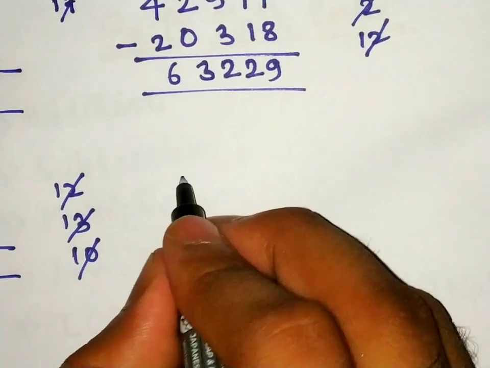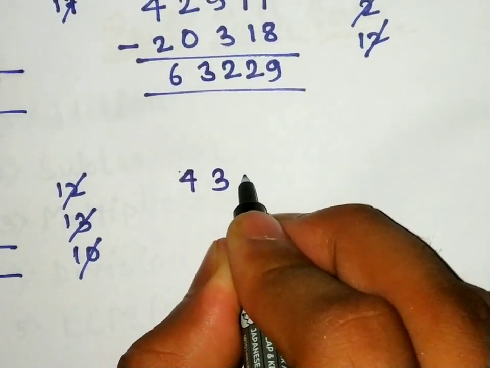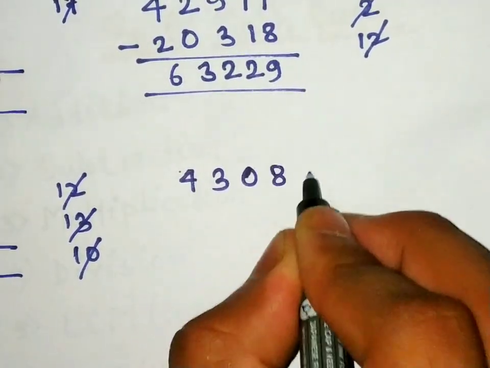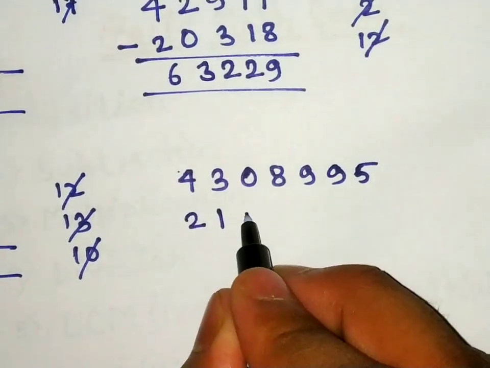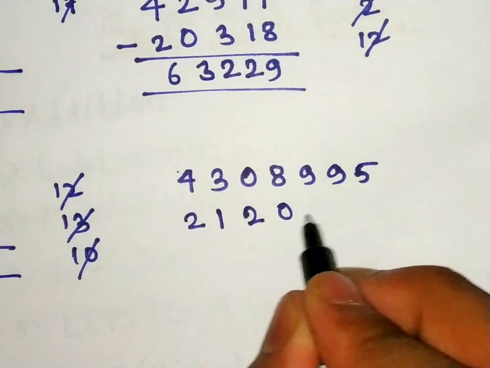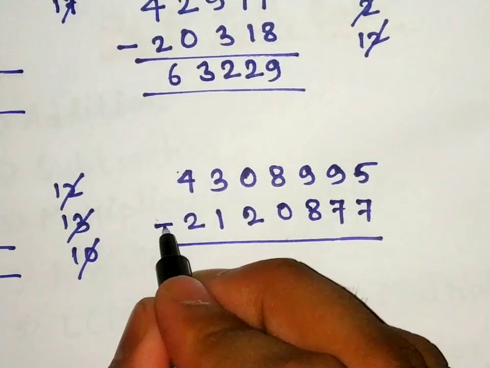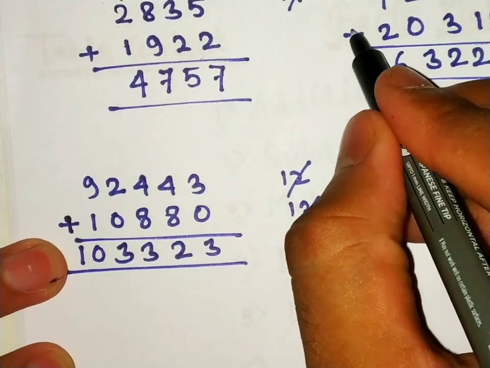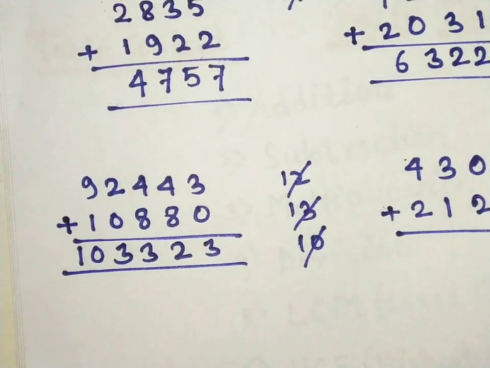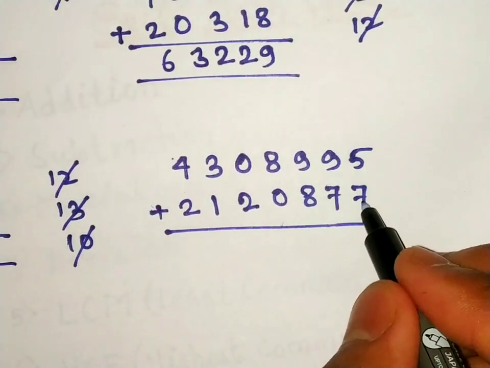Take another example like 4308995 and 21280877. How will it add? Oh, sorry. Here I mistakenly put a minus sign, here also I mistakenly put a minus sign. So we correct it. 5 plus 7 will be 12.